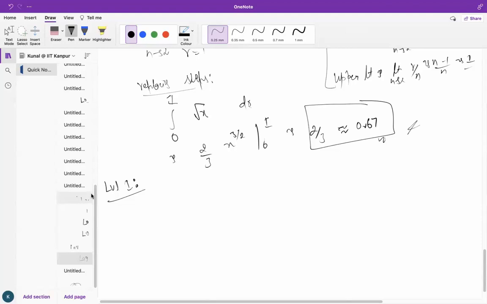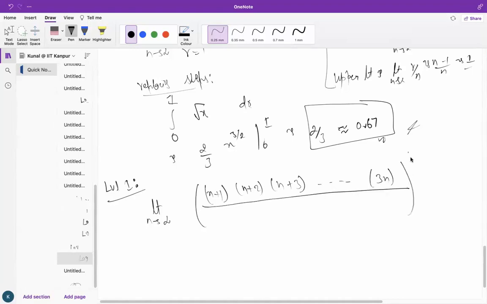Let me take the limit n tending to infinity of (n plus 1)(n plus 2)(n plus 3)...(3n) divided by n to the power 2n, all to the power 1 by n.